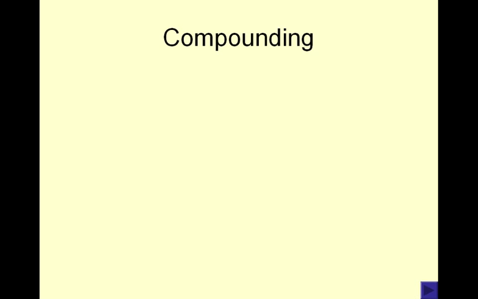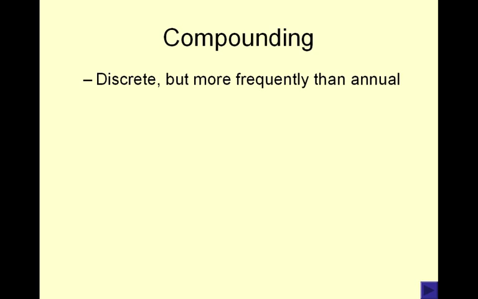On this slide, we're going to make things a little bit more complicated by covering compounding that occurs more frequently than annually. So let's start with more frequent than annual compounding of the interest accumulation process.